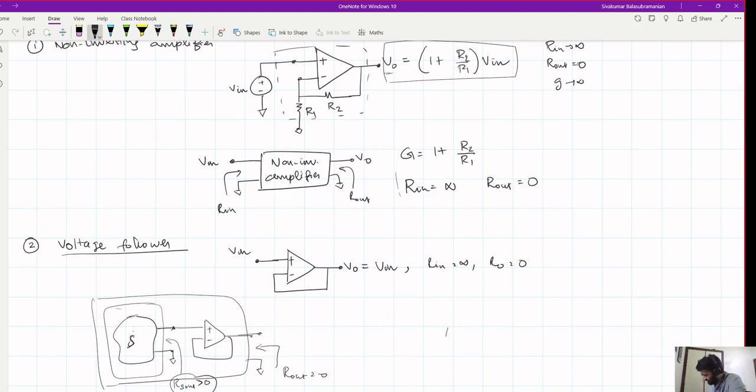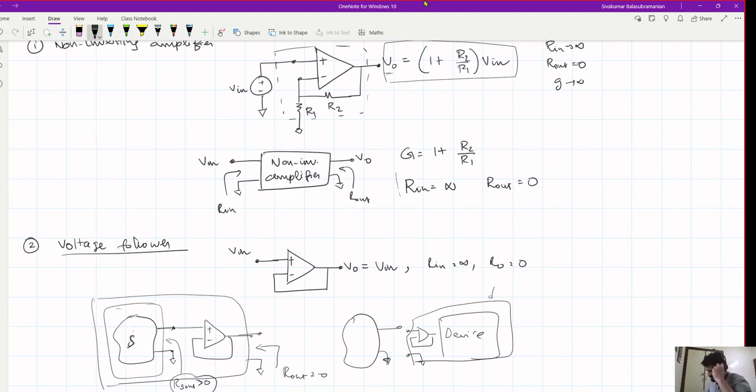Similarly, if you have a device to which you need to connect your sensor, and the device has fairly low input impedance, and you put a buffer before the device, then this full block would act as if it has high input impedance. And this is where we stopped yesterday.